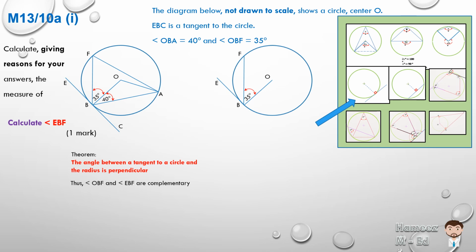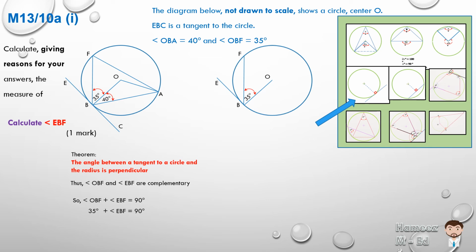Thus, angle OBF and angle EBF are complementary. So angle OBF plus angle EBF, when you add them up, will give us 90 degrees. And we know one of them, so we can substitute. 35 degrees plus angle EBF is equal to 90 degrees.